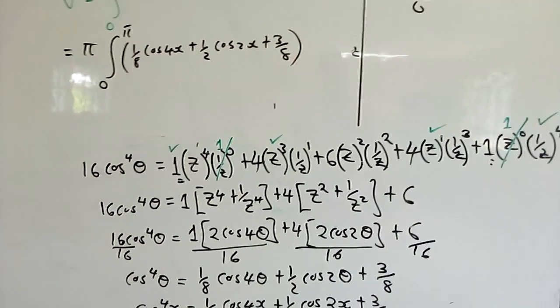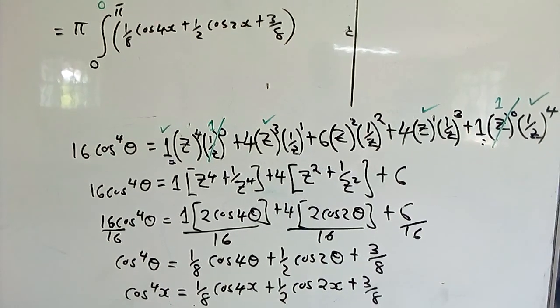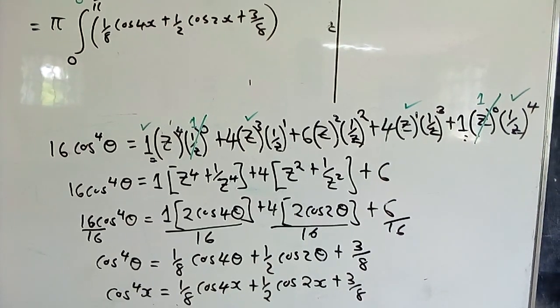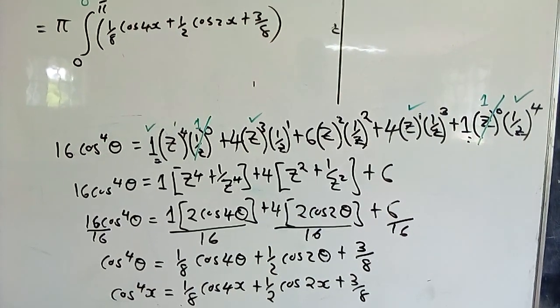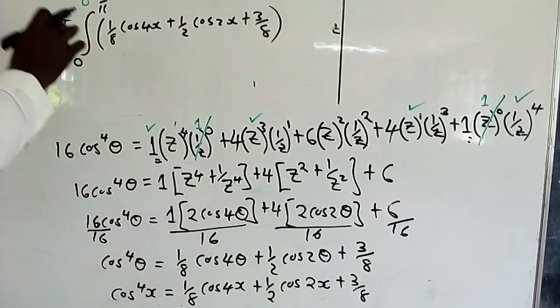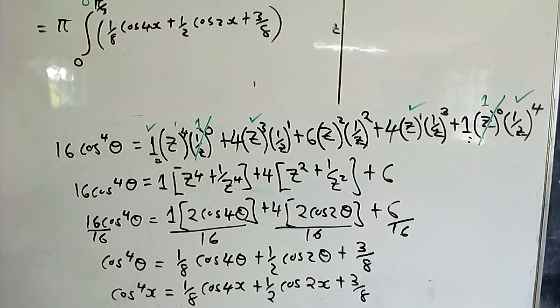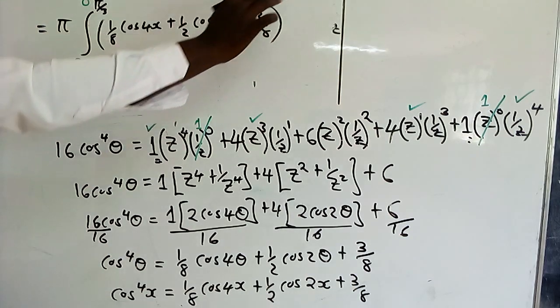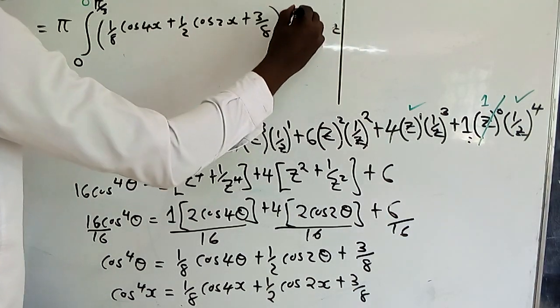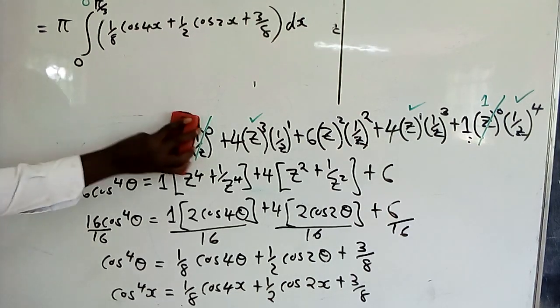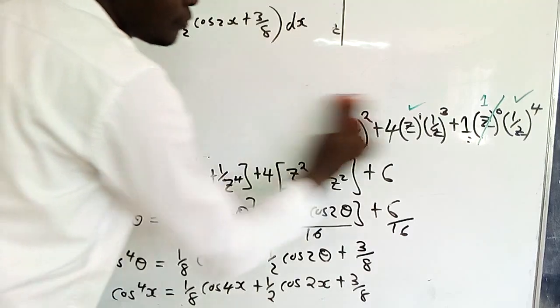Are you seeing what we found down there? It was from 0 to pi over 3. Are we together? Good. So you are integrating that with respect to x, dx, isn't it? Good. So start integrating.